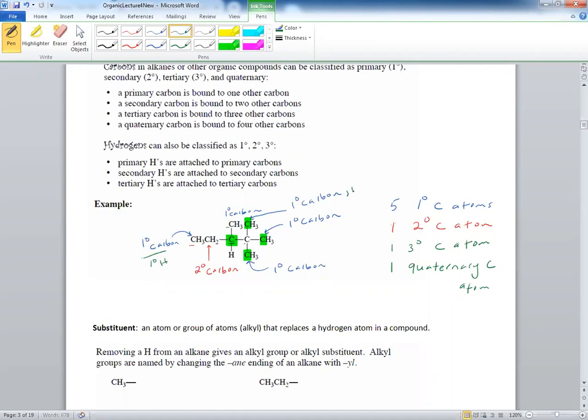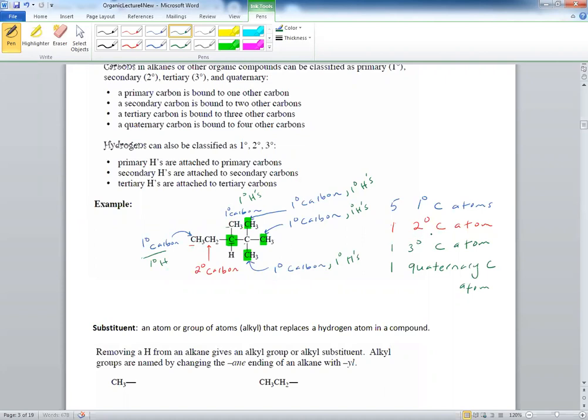Then you have primary hydrogens. Now, I didn't say how many. Of course, you have 3 because the carbon needs 3 hydrogen bonds to satisfy the octet rule. Here you also have primary hydrogens. Here as well. Primary doesn't mean 1, it means the degree here.